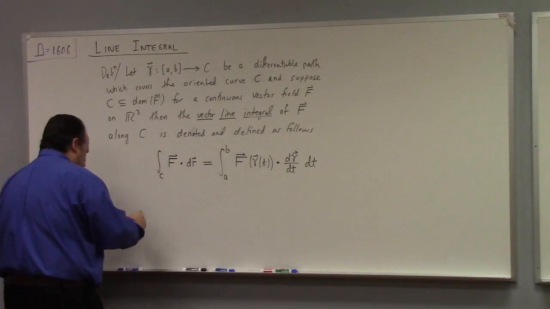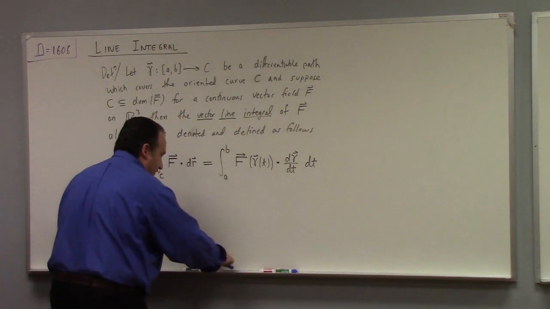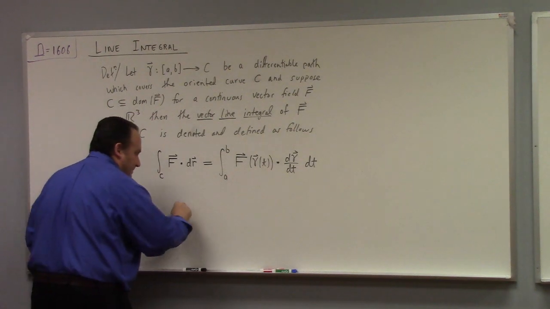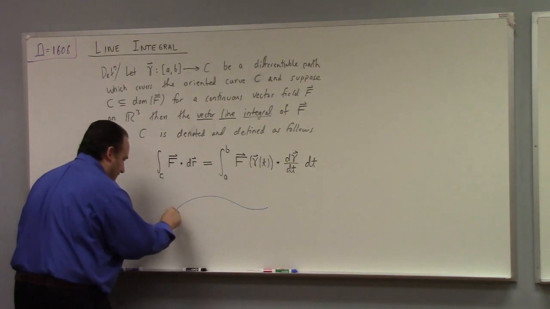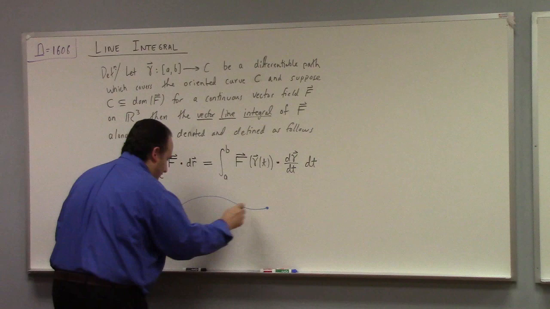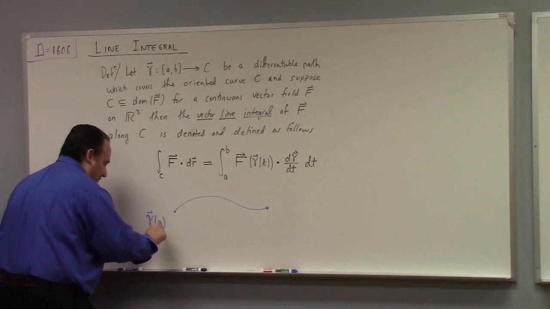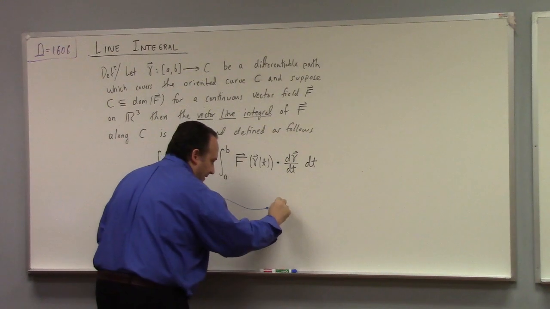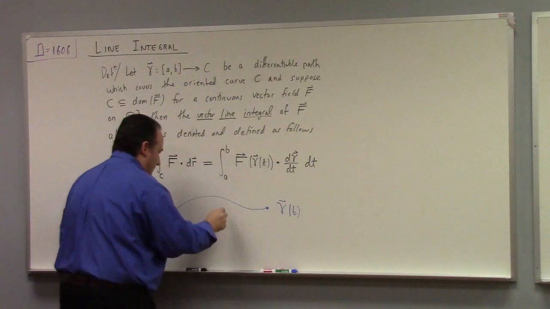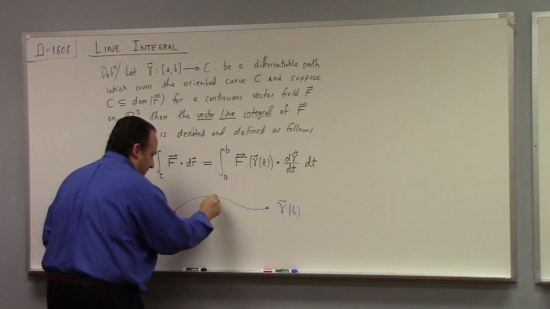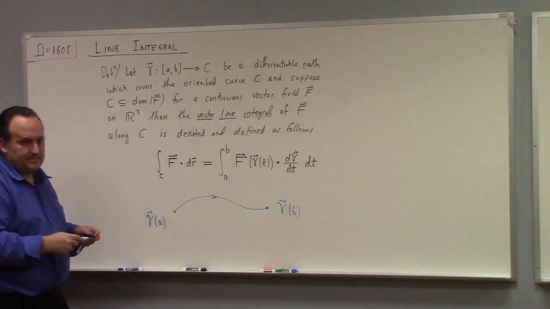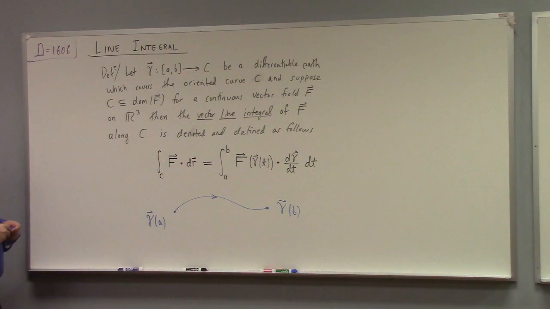So if I drew a picture to illustrate what's going on here, this is the curve. It's initially at gamma of A, and it's terminating at gamma of B. It goes from there to there. It's an oriented curve. It has a beginning, it has an end. This is important. And the vector field is independent of the curve.